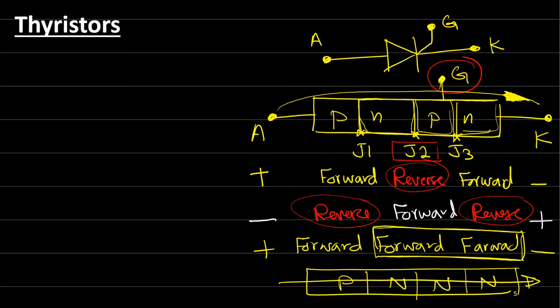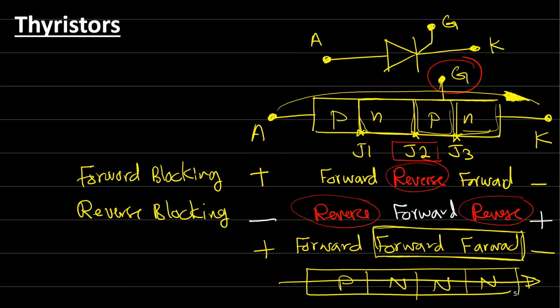We will call this one the operating modes here. We will call this the forward blocking mode, and here we have the reverse blocking mode, and the third one is the forward conduction mode.